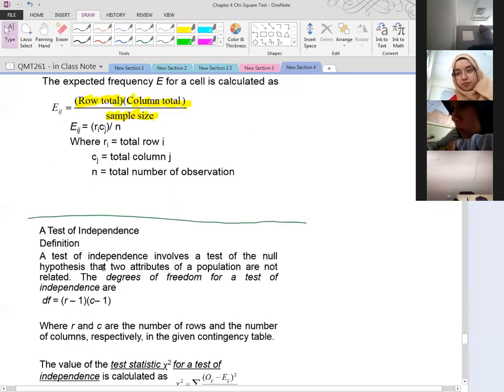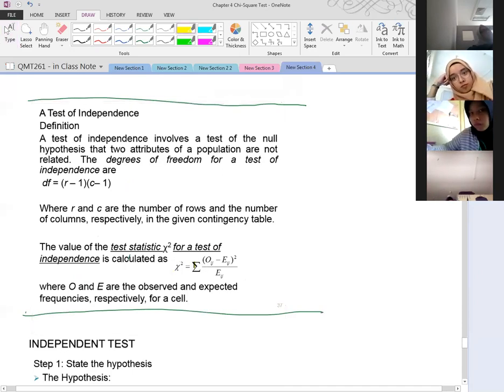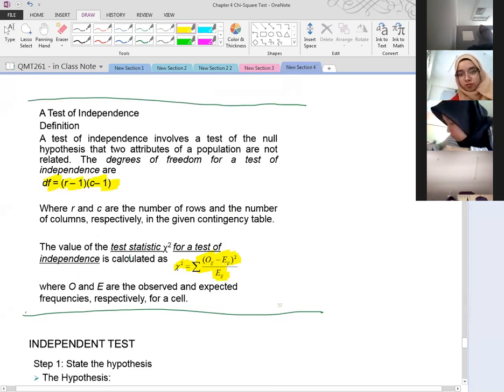We are still using the same test statistic, the chi-squared: summation of observed minus expected squared divided by expected. But the degree of freedom is a bit different: R minus 1, the number of rows minus 1, multiplied by the number of columns minus 1.